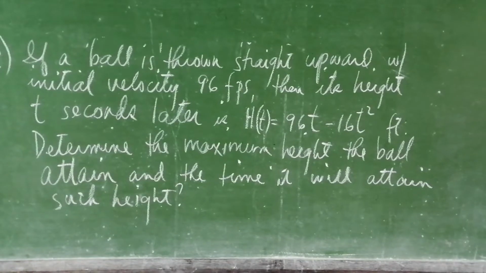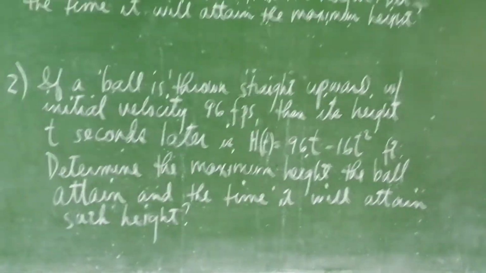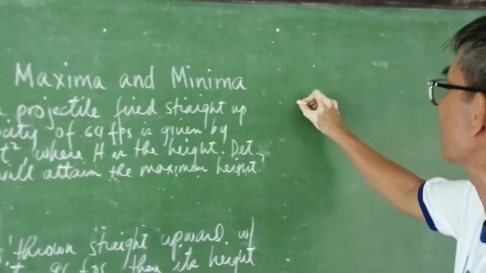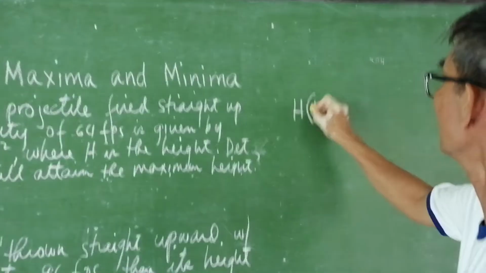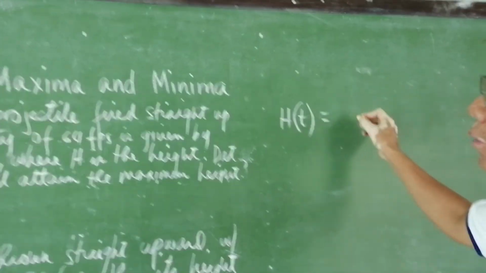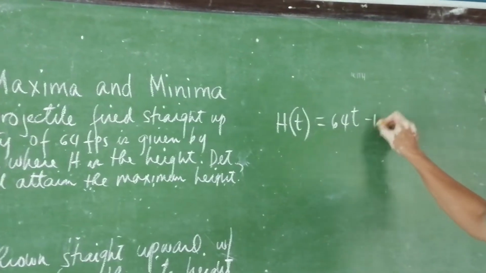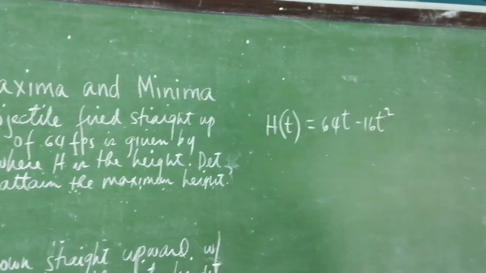So let's show it on the board. We are going to use the given function there. h of t will be equal to 64t minus 16t squared.